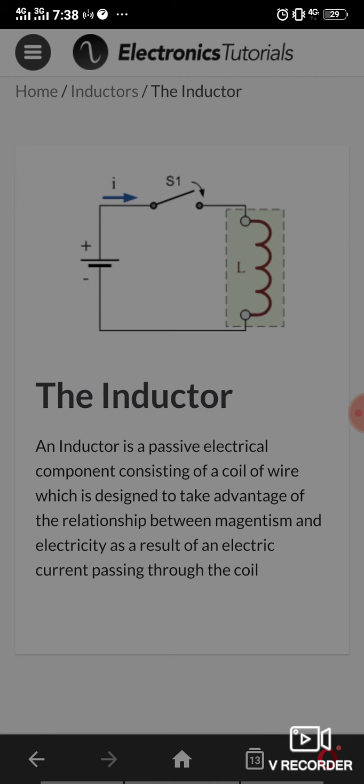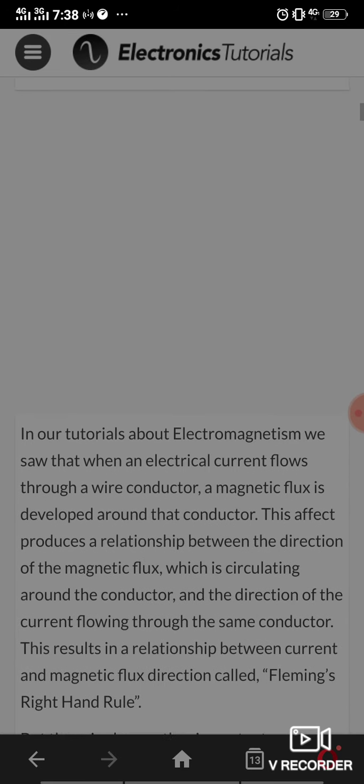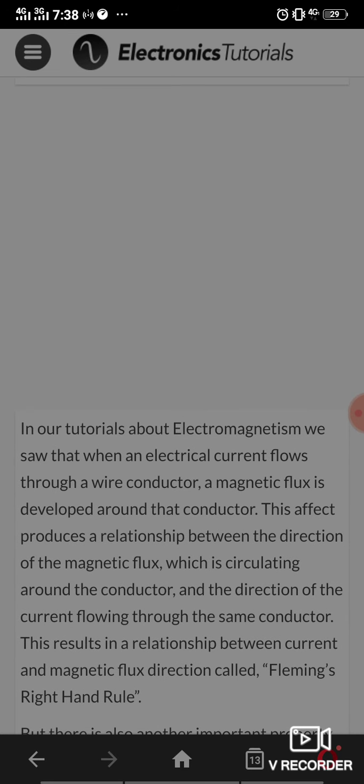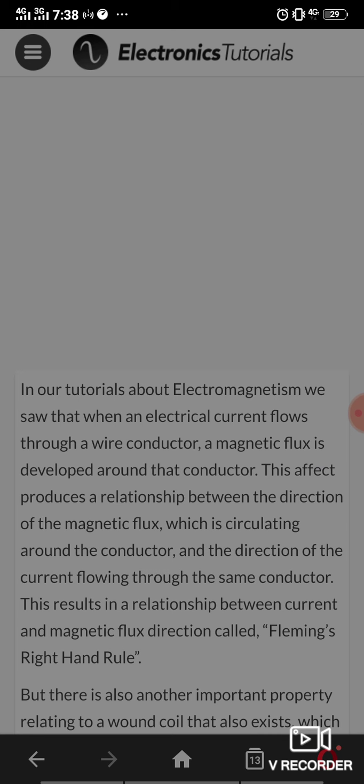The inductor is a passive electrical component consisting of a coil of wire, designed to take advantage of the relationship between magnetism and electricity as a result of an electric current through the coil. We saw that when an electrical current flows through a wire conductor, a magnetic flux is developed around that conductor.